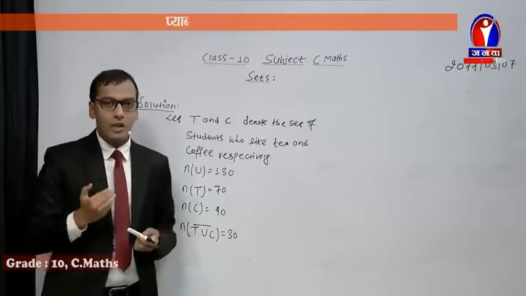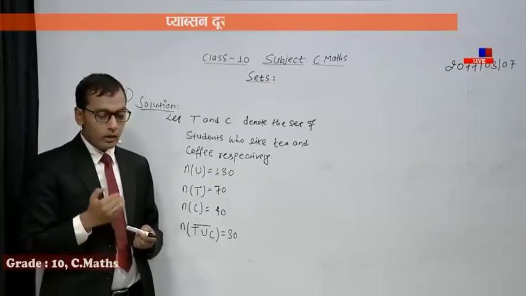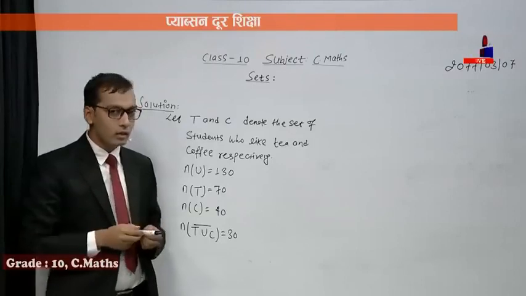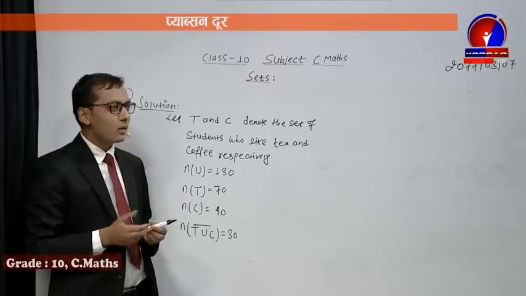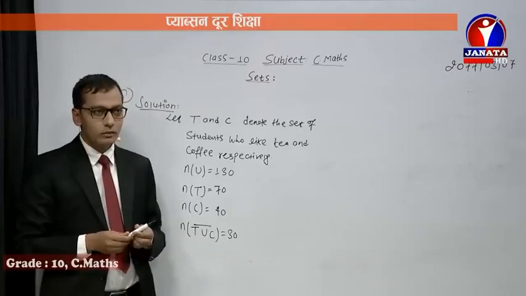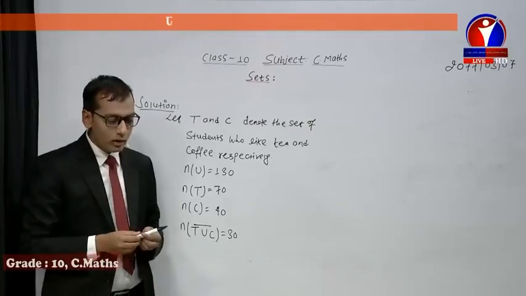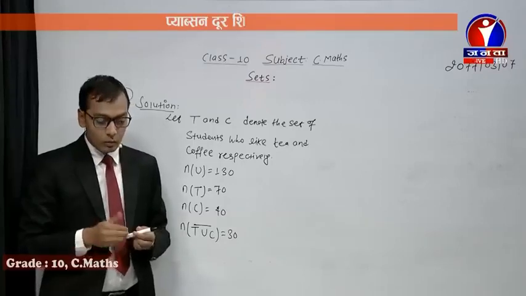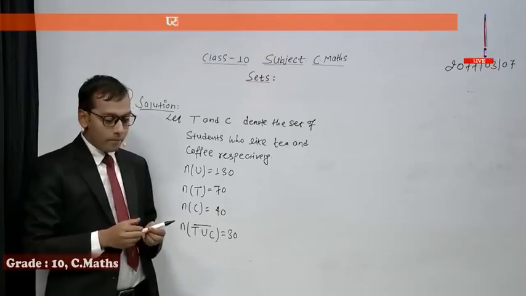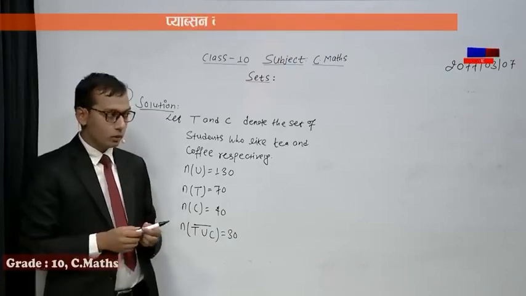Now what are we asked to find? Let me read out the question. In a class of 130 students, 70 students like tea, 40 students like coffee, and 30 students don't like both.